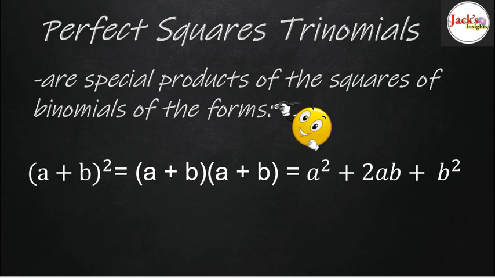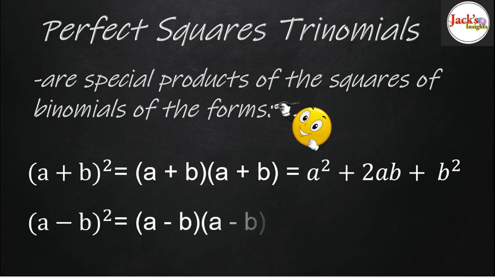So a squared plus 2ab plus b squared. So that is the PST, the perfect square trinomial. And that is a special product, which is the result of squaring a binomial. Okay? And the other form is the square of the difference. So we have a minus b, or it can be written as a minus b times a minus b. And the result is a squared minus 2ab plus b squared.